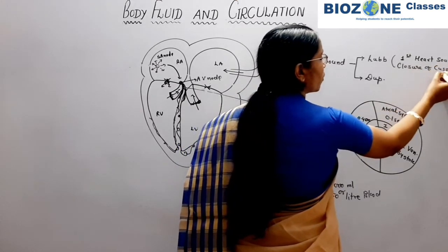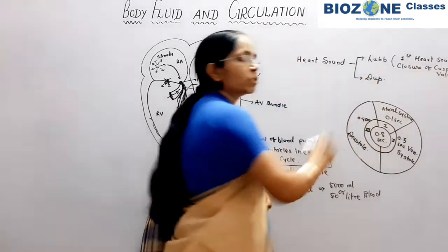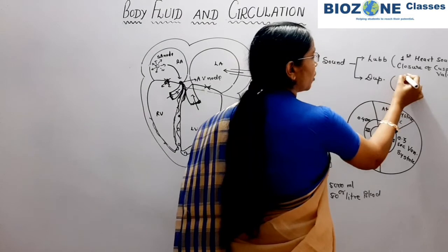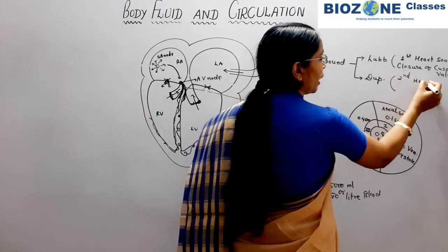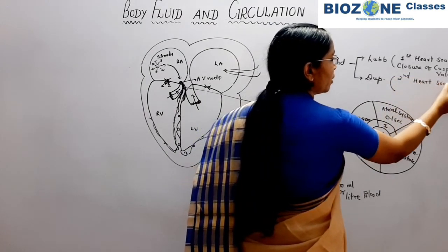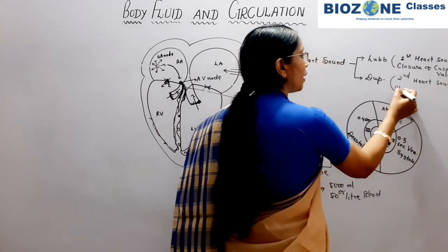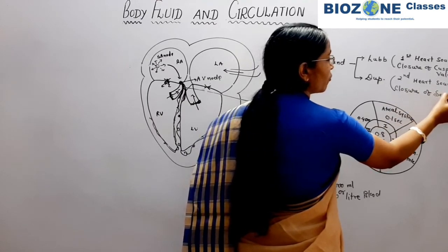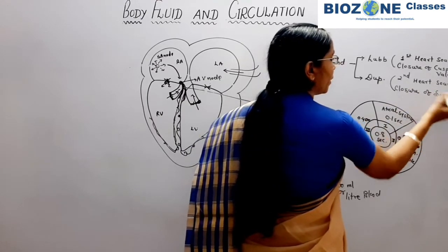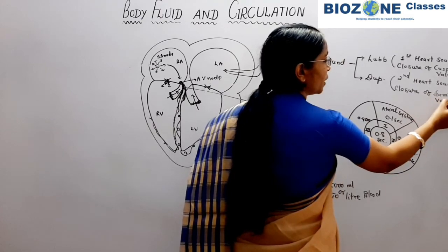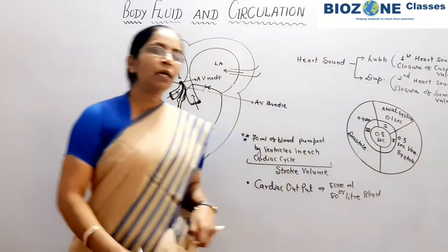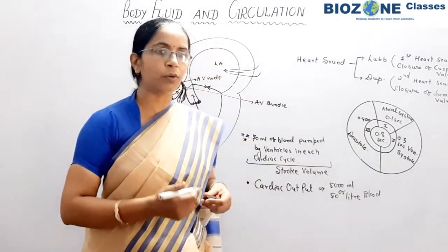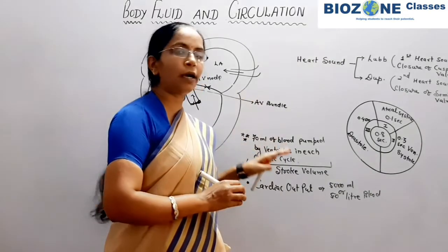Whenever the cuspid valve closes, it is responsible for the production of lub. Dub is the second heart sound, and this second heart sound is developed due to closing of the semilunar valve. So this part you clearly remember, when the first and second heart sounds take place and what the reasons are for their production. So this part you remember for the cardiac cycle.